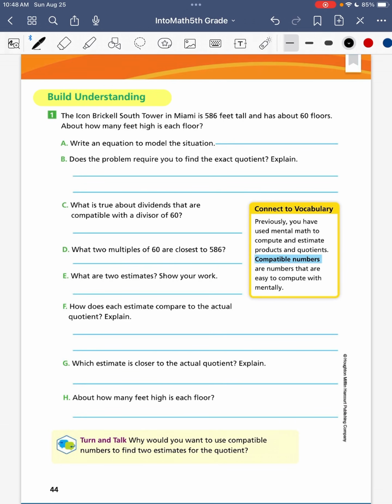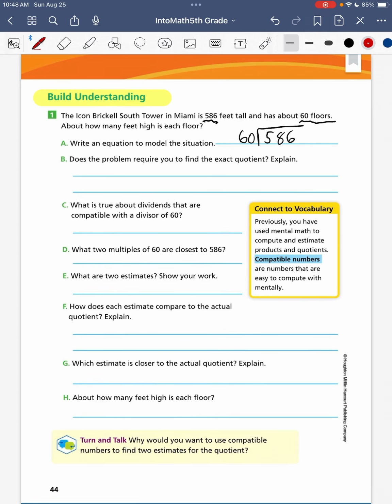Build for understanding. The Icon Brickell South Tower in Miami is 586 feet tall and has about 60 floors. About how many feet high is each floor? An equation that we can use is that we can divide 586 divided by the 60 floors.